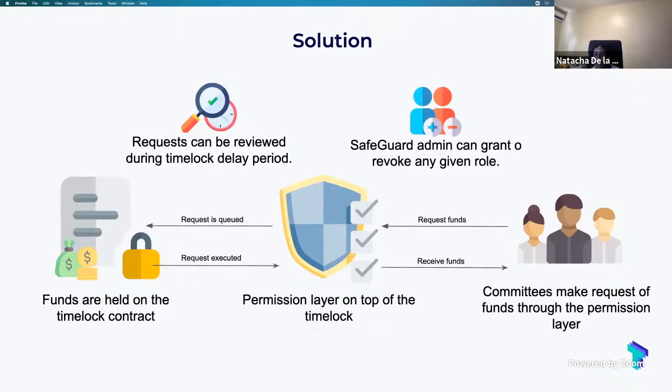The funds are held in the time lock contract, but they can also be held, let's say, on the token contract as well, and thus maintained through the time lock. There are different ways you can do it. So the committee is granted permission by the SafeGuard admin.